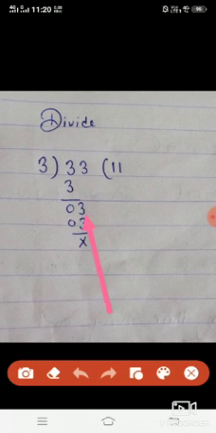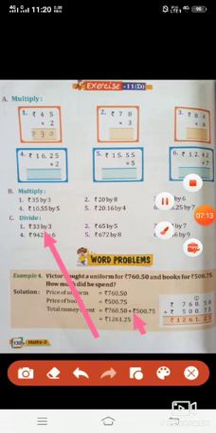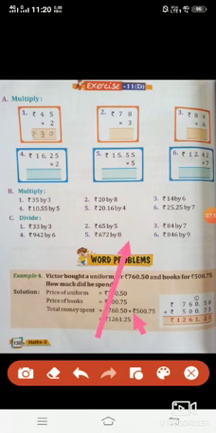Now we will take 3 down here. And 3 ones are 3, so we will write 1 here, and we will write 3 here. Now we will subtract 3 from 3, then we get 0. So the answer is 11. Got it? So students, in the same way you will solve question number 2, 3, 4, 5 and 6 like question number 1, in homework.